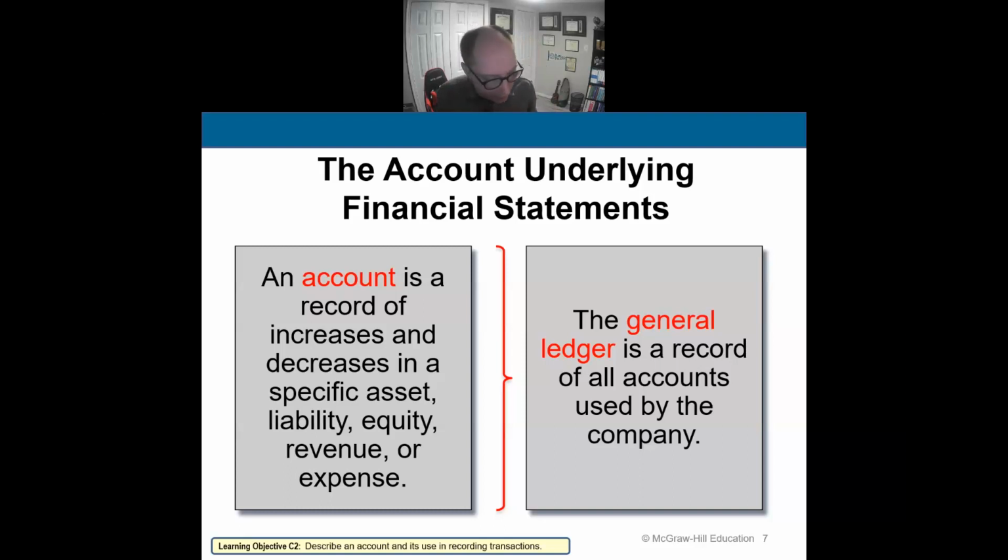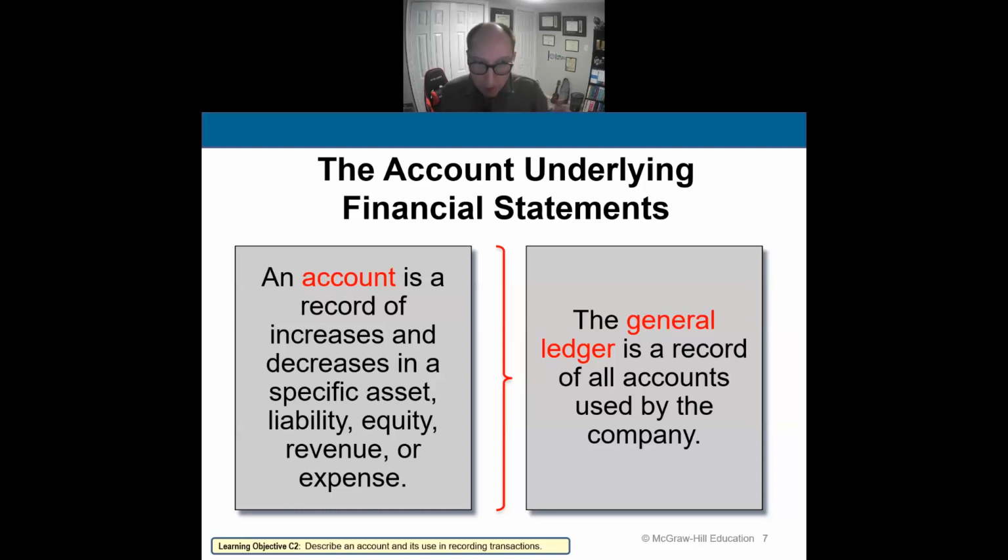A chart of accounts represents a list of all accounts used by the company. An account, for example, would be the cash account. An account, for example, would be accounts receivable. Another example, for assets, the accounts are cash, accounts receivable, property, plant, equipment, inventory.